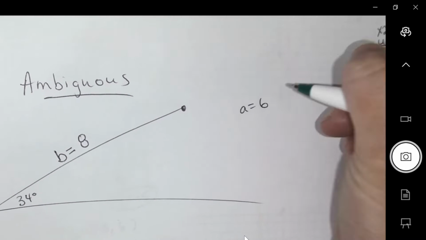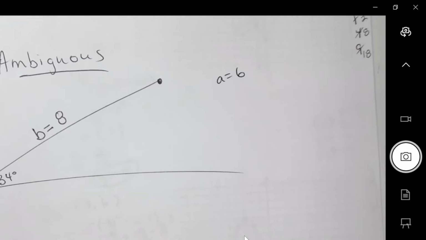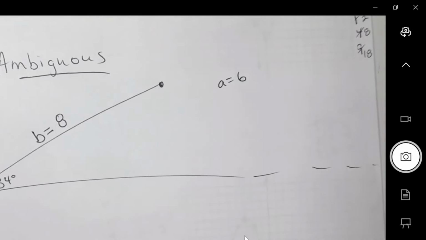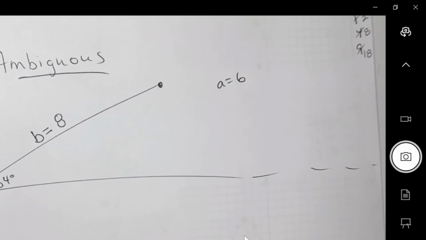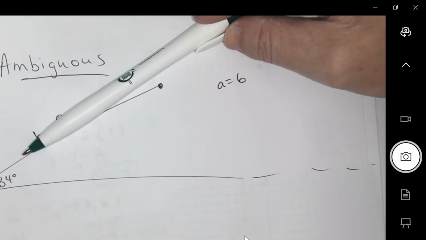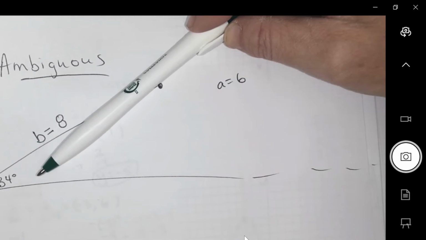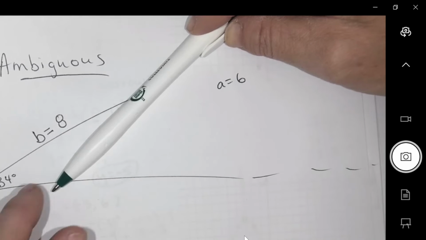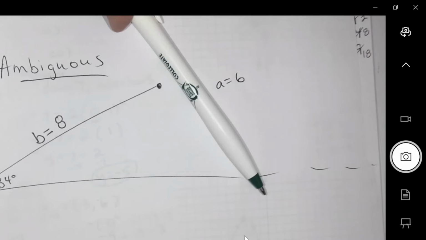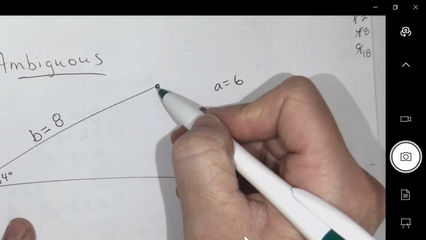Then I'm going to give you a side length A of 6. So how does 6 fit into this triangle? Do you remember this? If this is 8, 6 will hit once, twice. There are 2 possible triangles I could have.